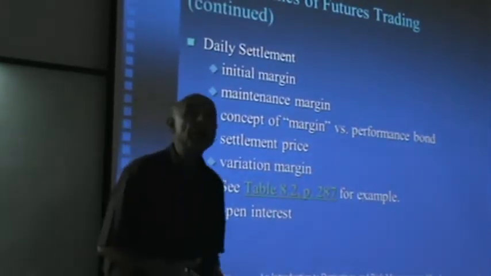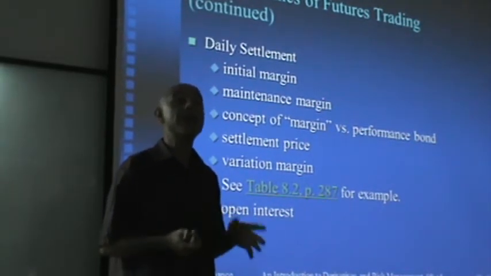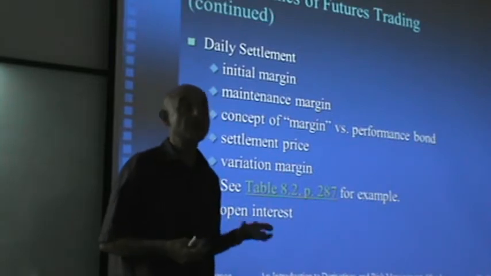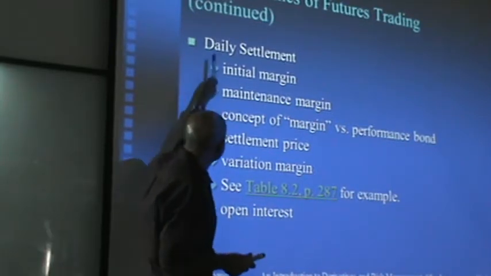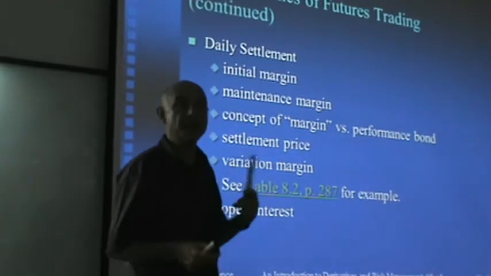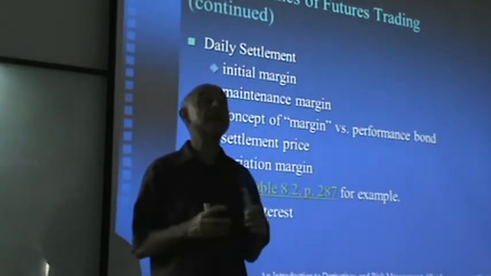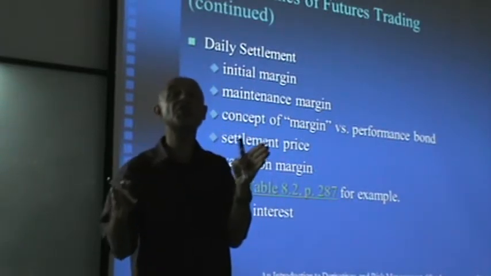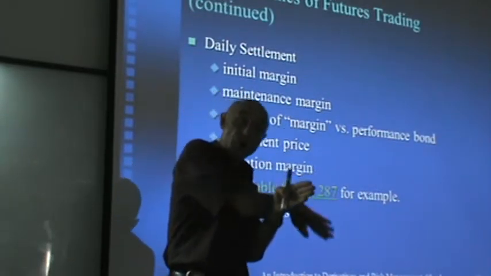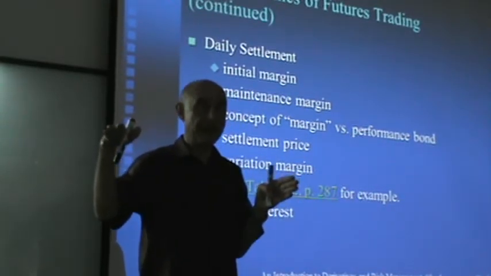All right, so I already mentioned the primary mechanism is called daily settlement. What does it mean? Daily means it happens every single trading day. At the end of every single trading day, there is a settlement. Settlement means transfer of money from the loser's account to the winner's account.